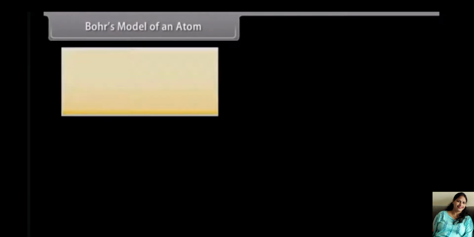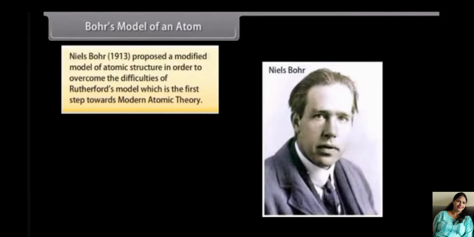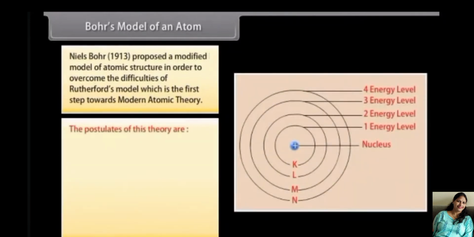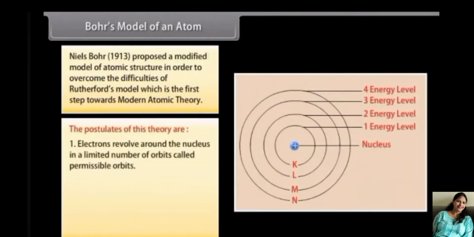Now another scientist came, Bohr, and he proposed another model, that is Niels Bohr model. He proposed a modified model of atomic structure in order to overcome the difficulties of Rutherford's model, which is the first step towards the modern atomic theory. These are some postulates. Electrons revolve around the nucleus in a limited number of orbits.